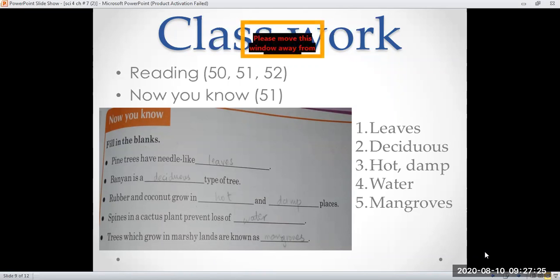So the next student who will continue, I'm going to tell the name of that student, Abdul Subhan. Abdul Subhan, when Hamna is done, then you are going to continue from page number 51, adaptations in aquatic plants. Teacher, done. Okay, continue Abdul Subhan.